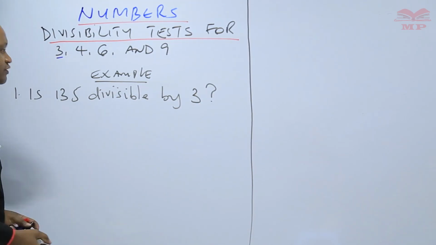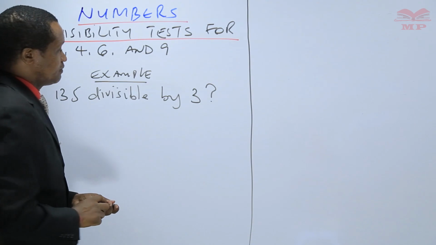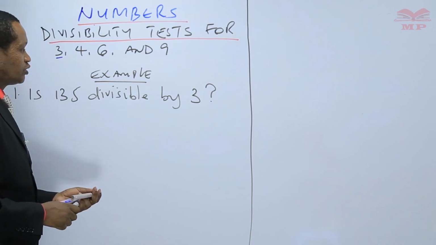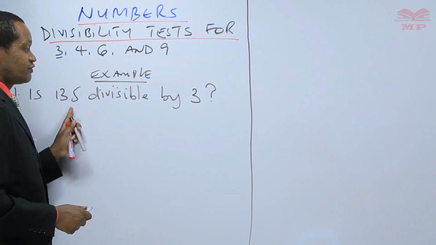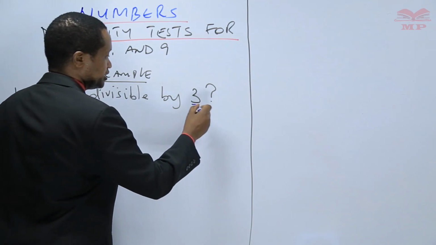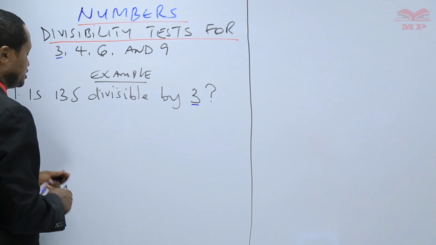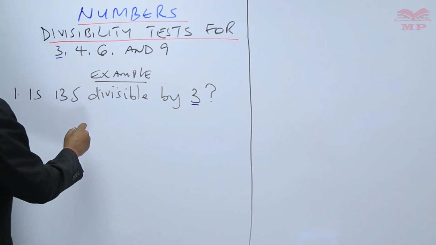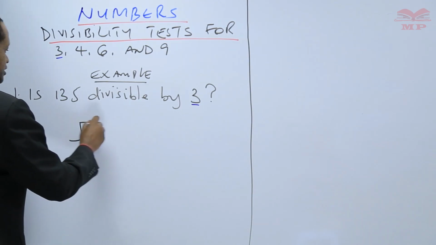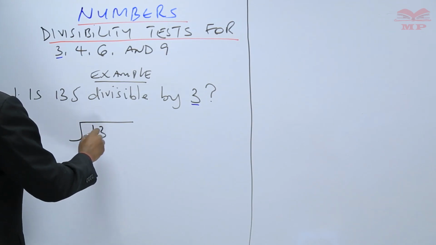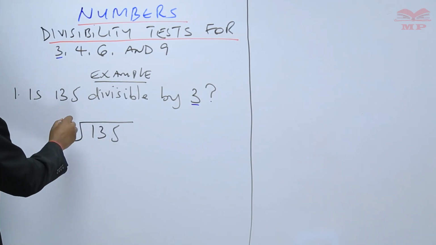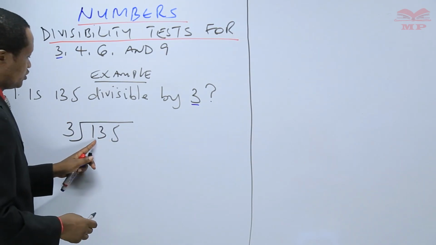Is 135 divisible by 3? Now, for us to know if 135 is divisible by 3, then we can carry out division. We can divide 135 by 3. So 3 goes into 13.